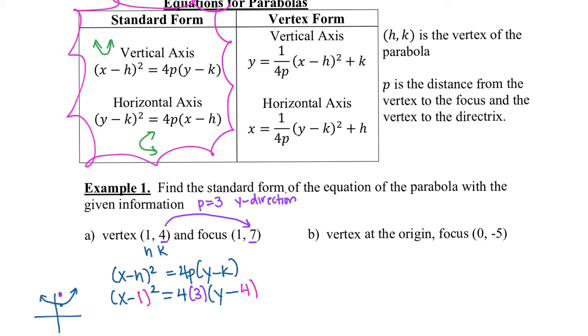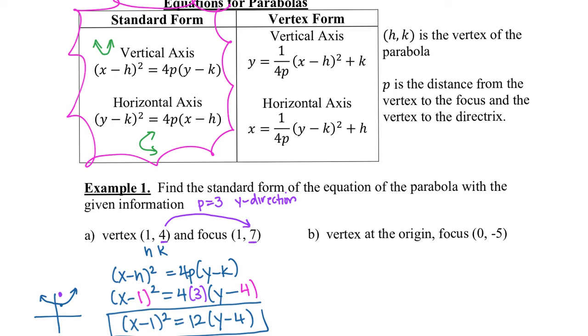The only thing I'm going to do is multiply the 4 times the p, and then I'm going to leave that as my standard form. Okay, and then this is what we would be going for. I can tell from the equation that the vertex is (1, 4), and I could calculate the p-value if I wanted to find the p-value.